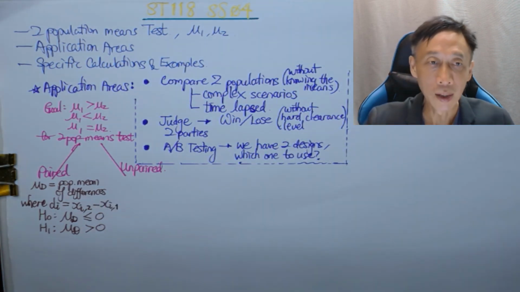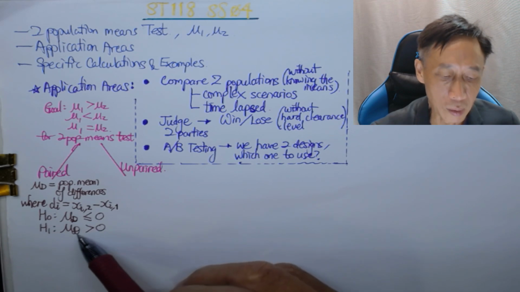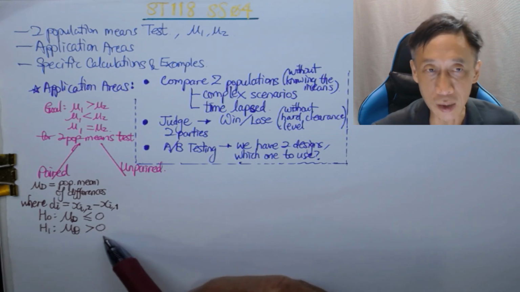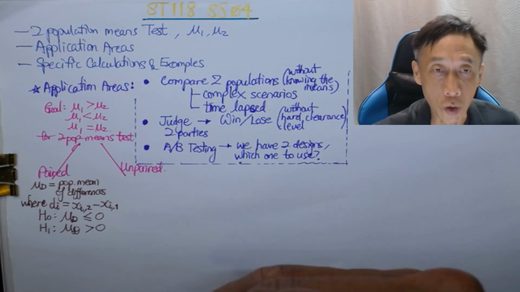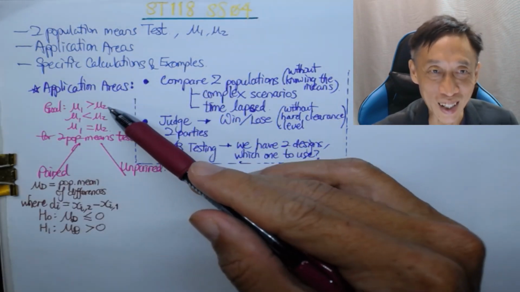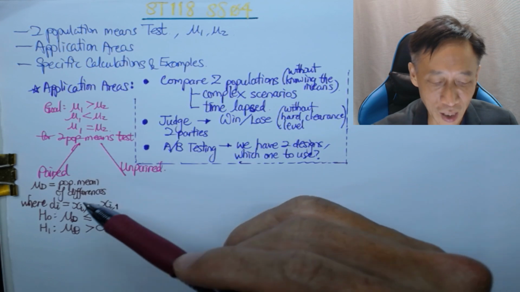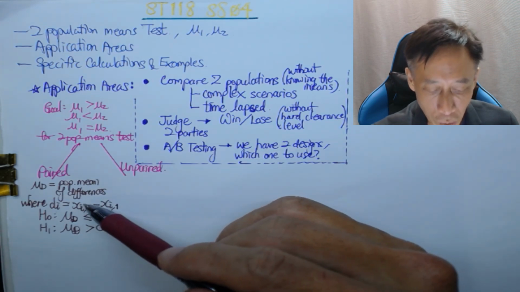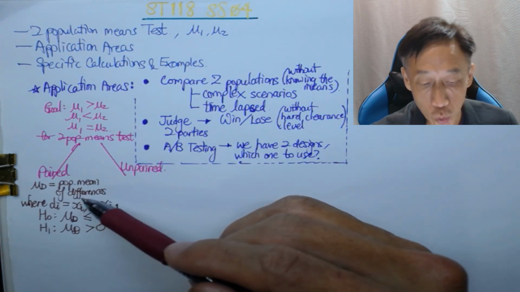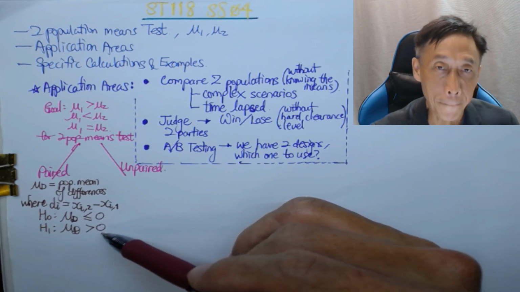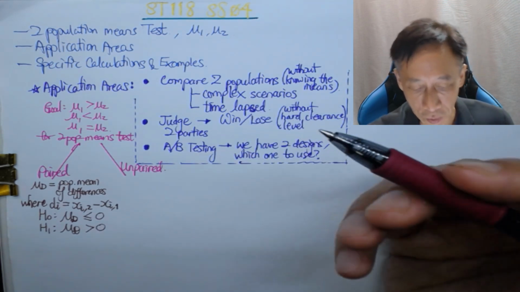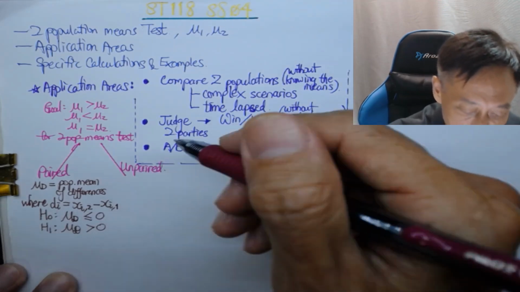So we will first conclude that mu d is greater than 0 at 5% significance level, but at the same time, we want to respond to the original intention, right? Which is to say that population mean of 2 is indeed larger than population mean of 1. Okay, so that's at 5% significance. But let me write down the other side, right?